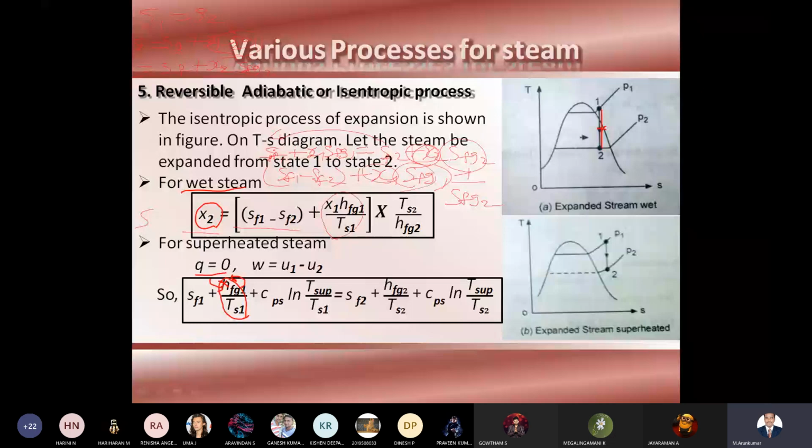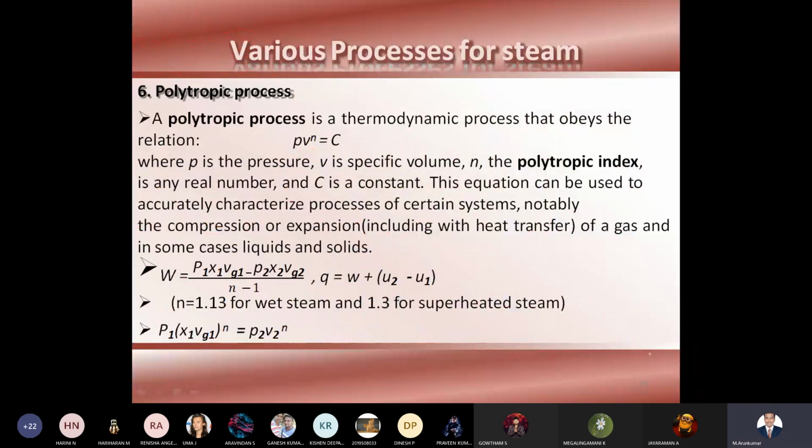You know, S is equal to HVT, so we can write like that. So here we have SFG in the inverse, so we have to invert that. So HFG divided by TS2. So that is the derivation of this equation. Just try to remember that. Then this is the polytropic process.